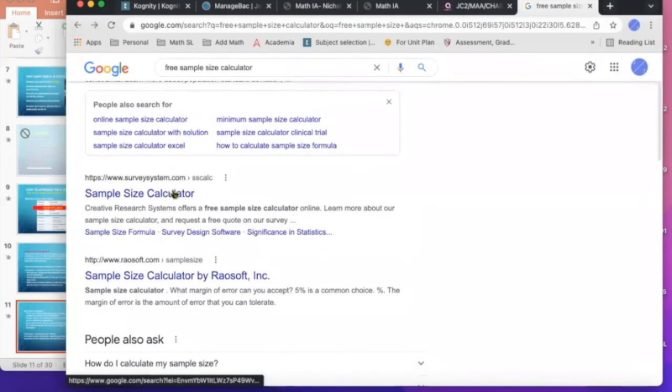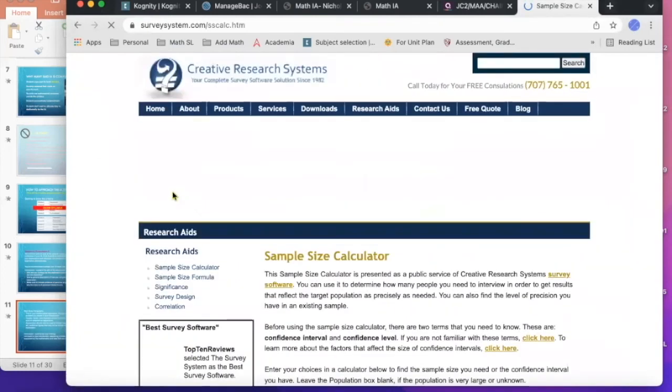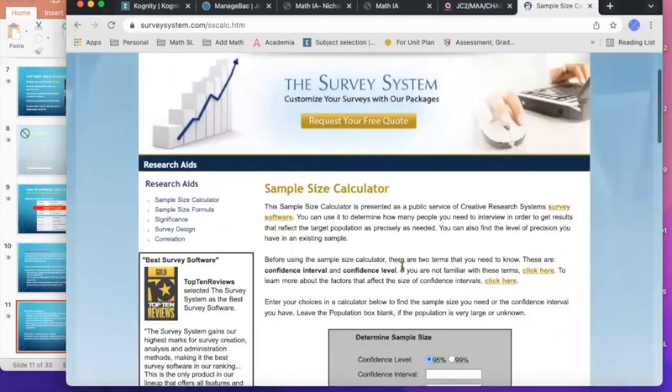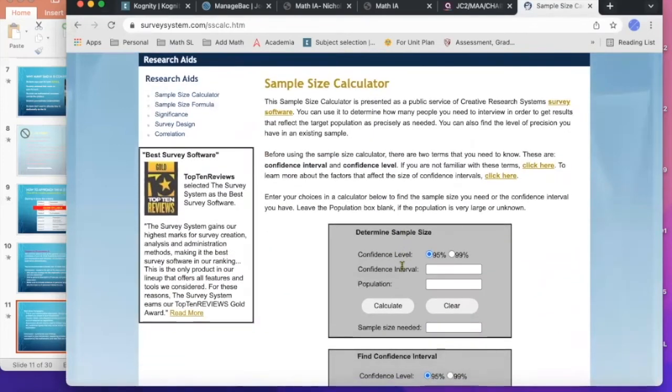What I'm trying to show you is the amount of data that's needed. Usually it can be determined using a confidence interval calculator like this, or sample size calculator. You want to be 95% confident with your data, and you say number of JC2 is 40. So calculate.